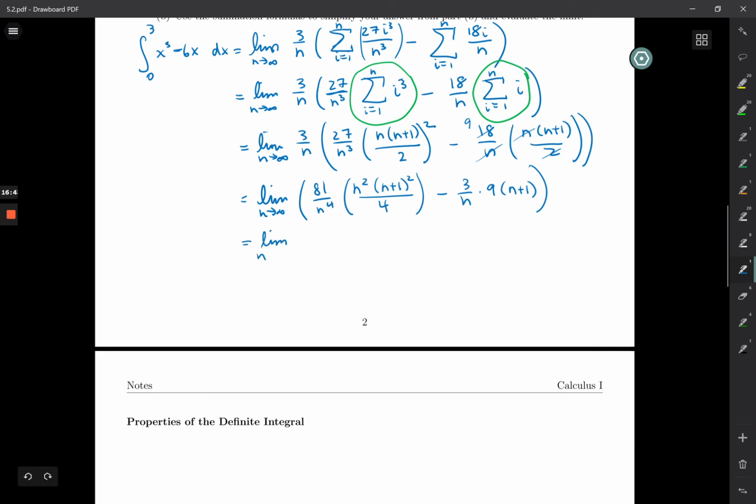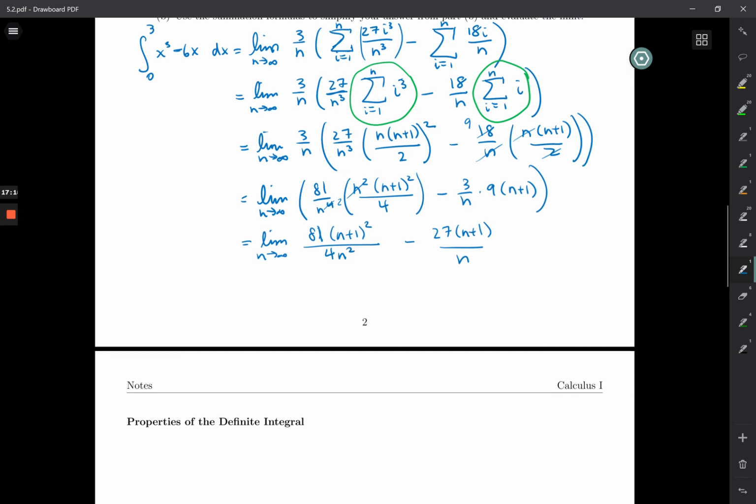So in this first term, we have n to the 4th in the denominator, and we have n squared in the numerator, so we can do some cancellation there, and then we will have a little bit less to deal with. We'll have 81 times n plus 1 squared in the numerator and 4n squared in the denominator.